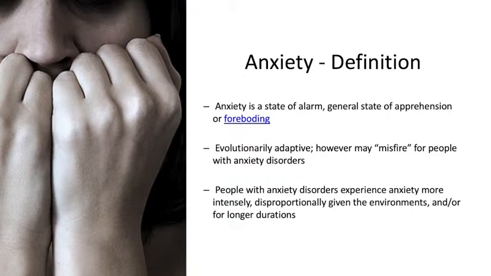Okay, so you can probably imagine how adaptive this alarm feature of threat is in something like the savanna in our early evolutionary history. However, given our current climate and environmental context, there are not a lot of predators out there, okay?